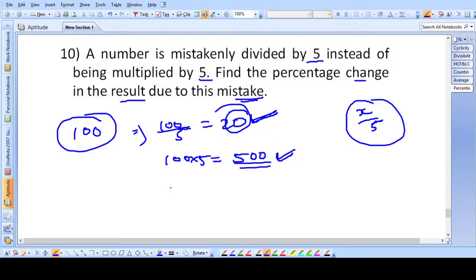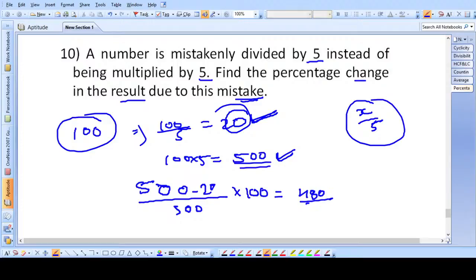So what is the percentage error? 500 minus 20, and how much should be the original value? 500, into percentage. So what will be the value coming? This will be something like 480 divided by 500 into 100.